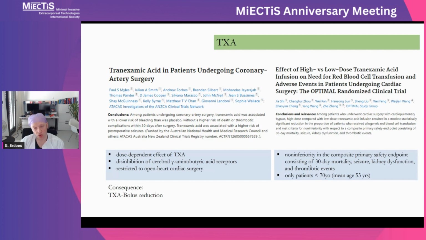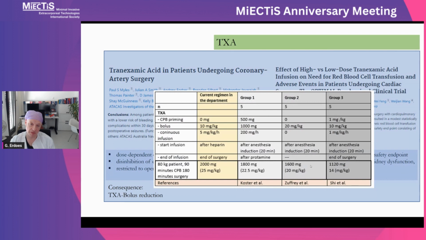And we know also that the high infusion rate versus low infusion rate of tranexamic acid can make a difference, and that it is recommended now in the literature to reduce the tranexamic acid bolus and infusion rate, because the effect on the coagulation cascade should be the same. And there are different protocols.